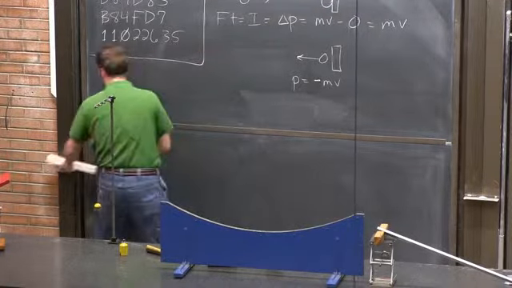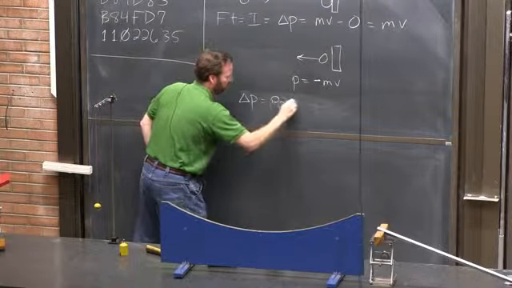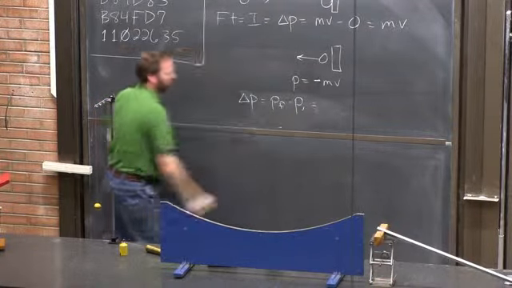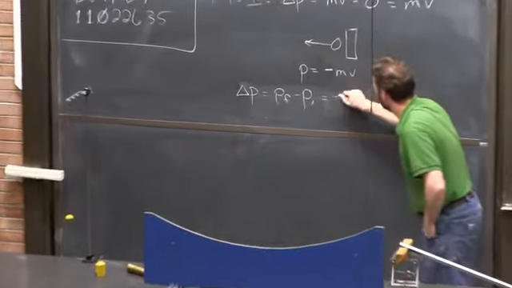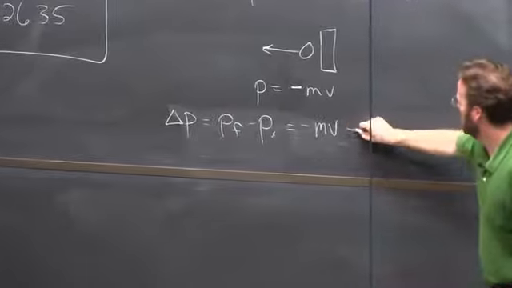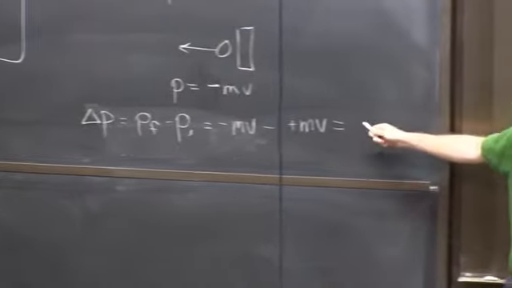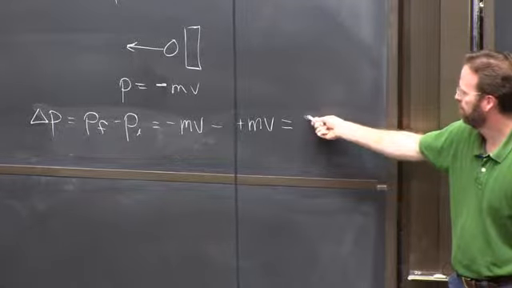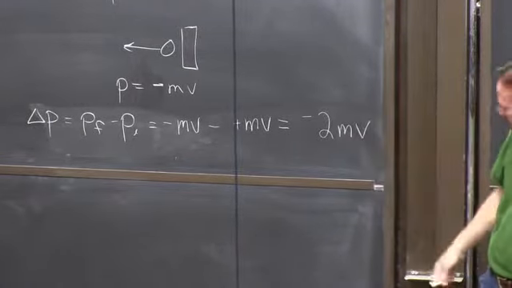Because I get confused, let's write it out more. Change in momentum is the final momentum minus the initial momentum. The final is minus mv, minus the initial, which was plus mv, which makes a total of not 0, negative 2mv.